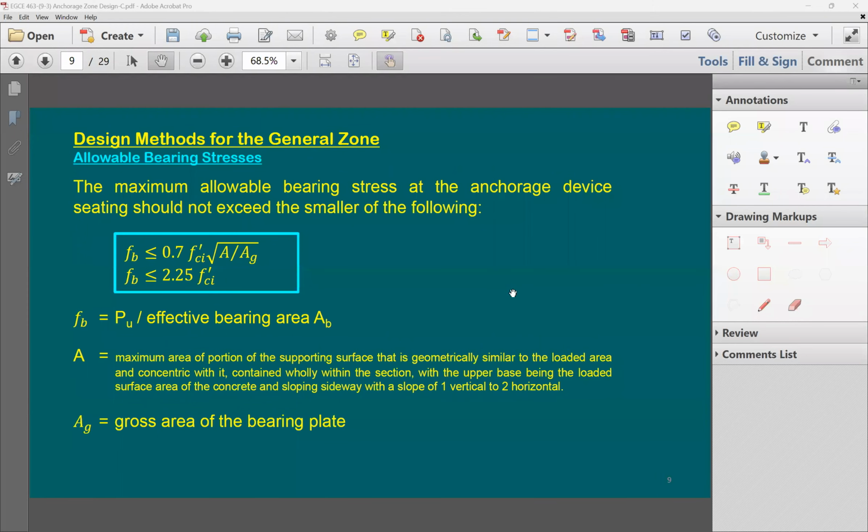The maximum allowable stress in this case, FB max, is going to be equal to 0.7 times f'c times the square root of A divided by AG. What is this A divided by AG? It is there because you have this confinement around the concrete.